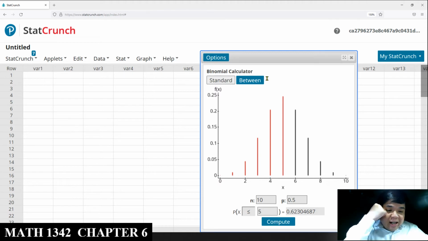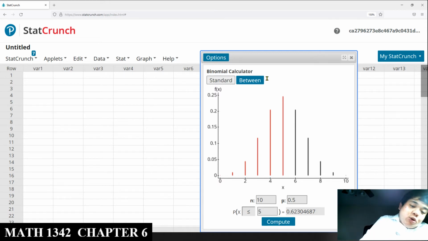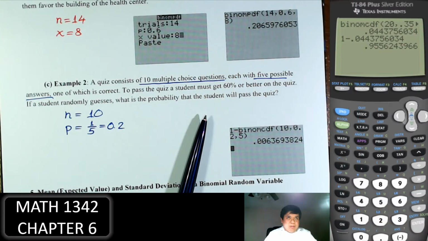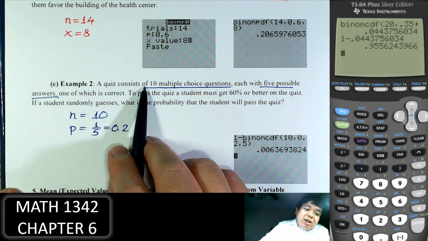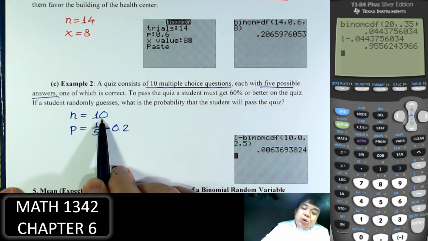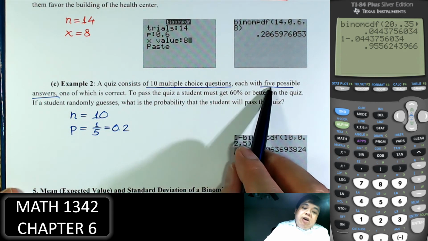A quiz consists of 10 multiple choice questions, each with 5 possible answers. So we have a fixed number of trials, 10 trials, and each with 5 possible answers. So to get the correct answer, there's only 1 out of 5, or 0.2. Sorry, I didn't have the note there. Once again, the quiz consists of 10 multiple choice questions, so n is equal to 10, each with 5 possible answers.